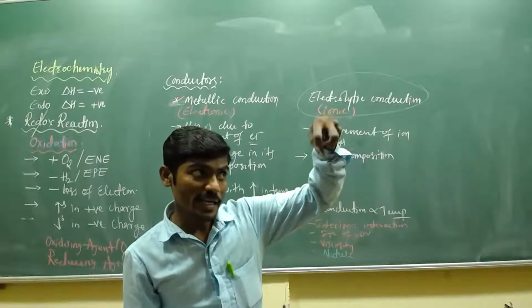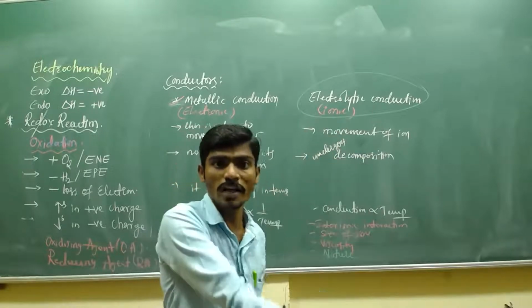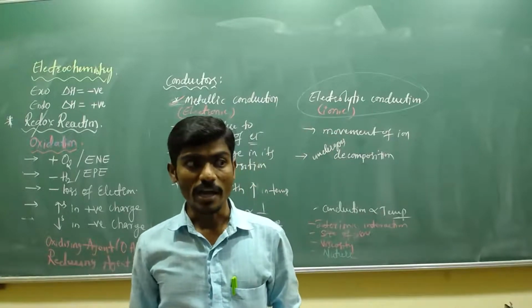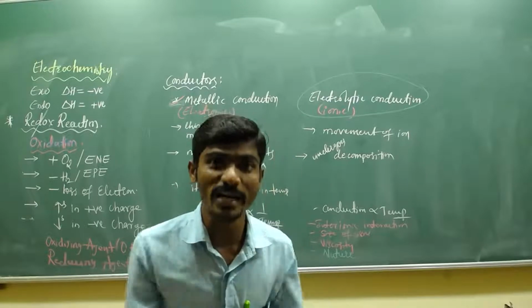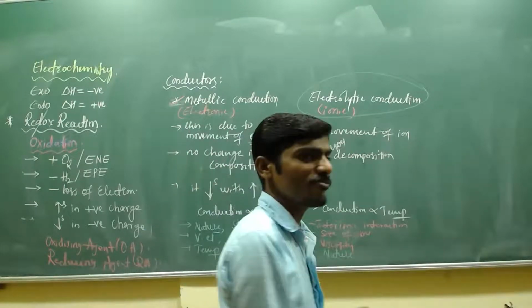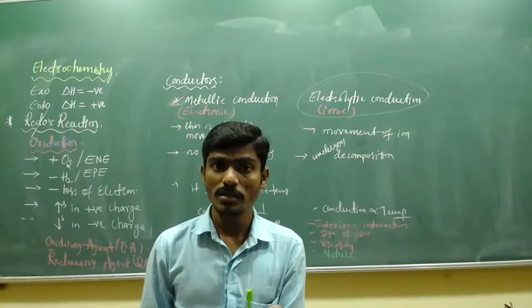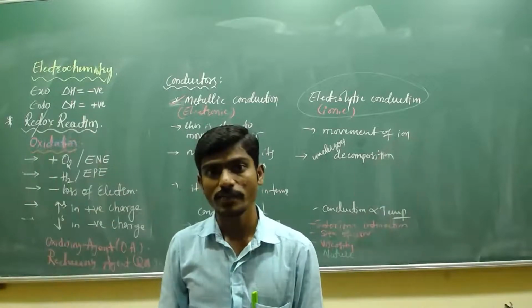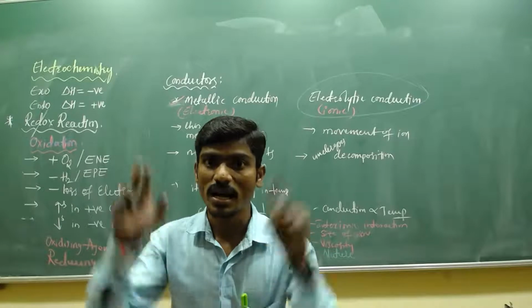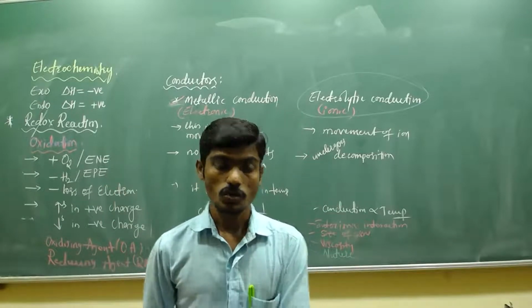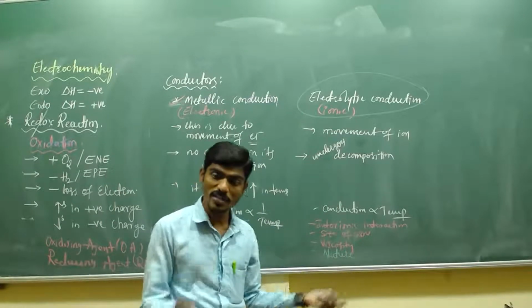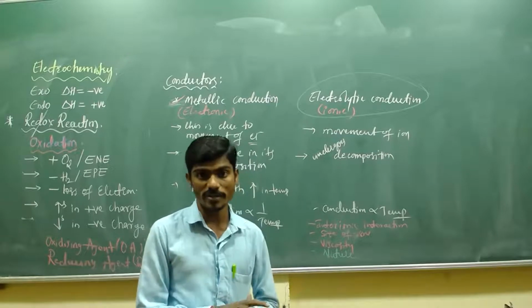If it is a strong electrolyte, it completely dissociates and readily forms the ions, conduction is more. If it is weak electrolyte, partially dissociated, so number of ions will be less, conductivity is less. So it depends upon nature of electrolyte as well as nature of solvent.